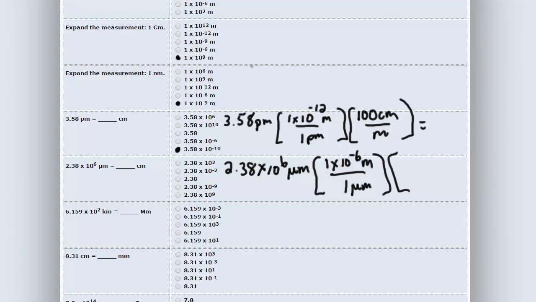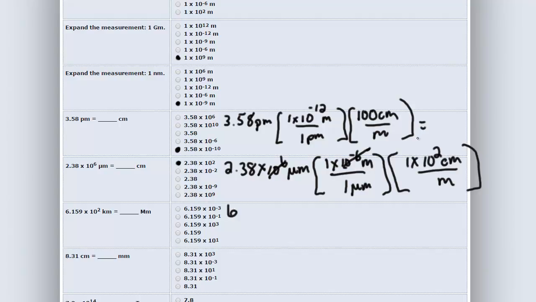So again, there are 100, 1 times 10 to the 2 centimeters in a meter. So we have 2.38 to the positive 6, and this is to the negative 6. Well, that just cancels that out, because when you multiply, you add exponents, and this goes to the 2. So 2.38 times 10 to the 2 centimeters. That's going to be our answer.